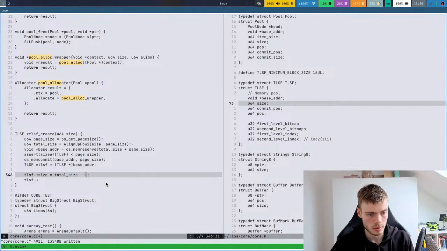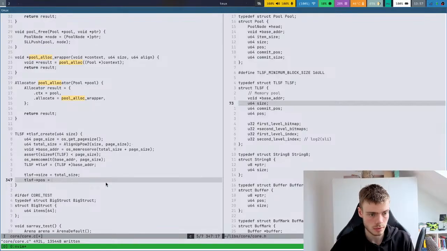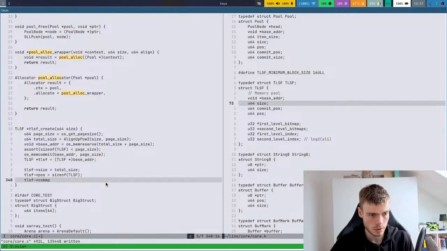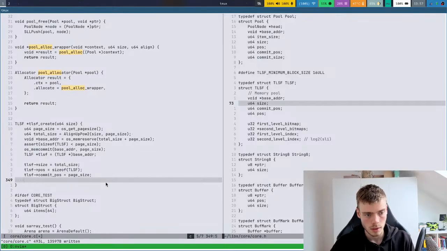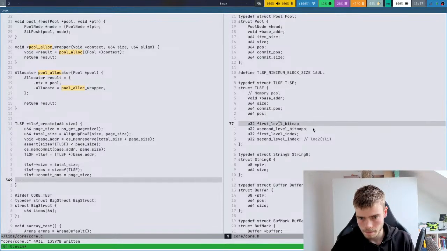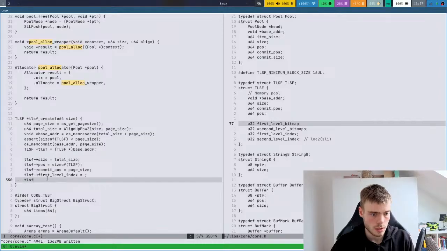Maybe we do it like this. TLSF pause is equal to size of TLSF. Pause is equal to page size, and okay, so first level index and second level index.